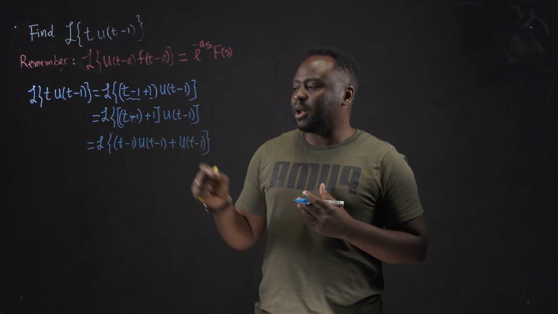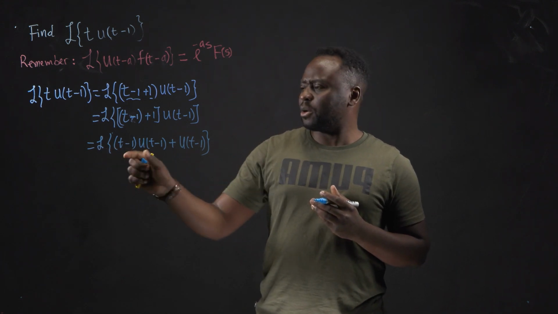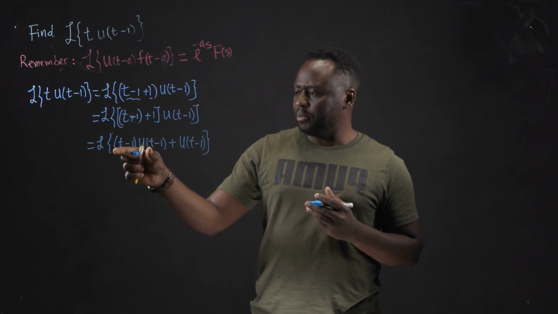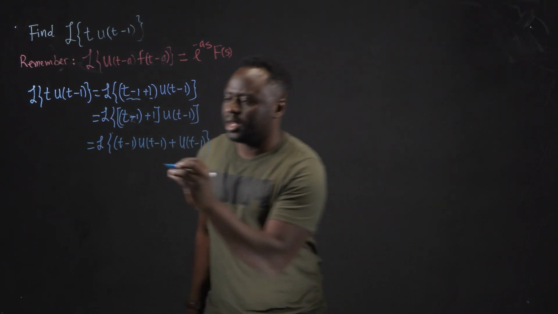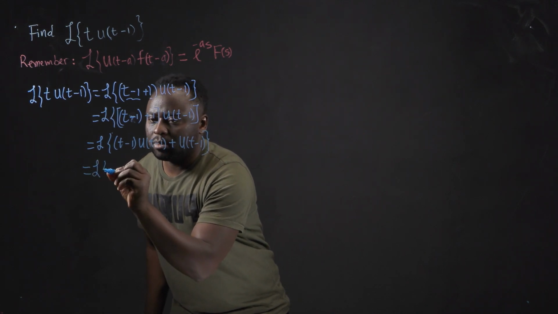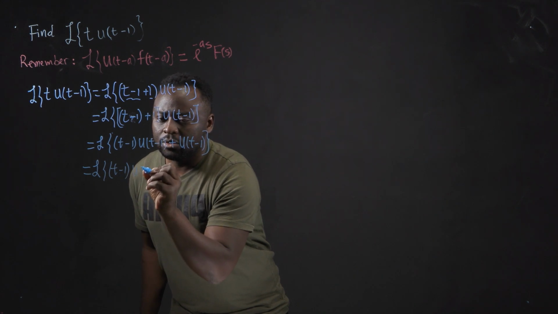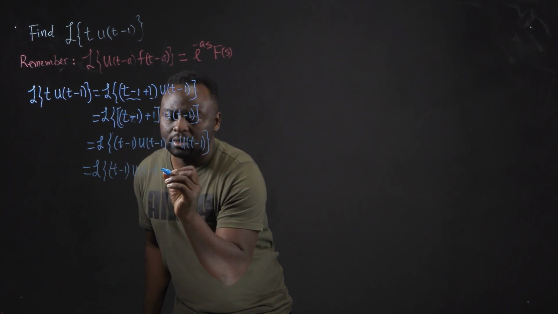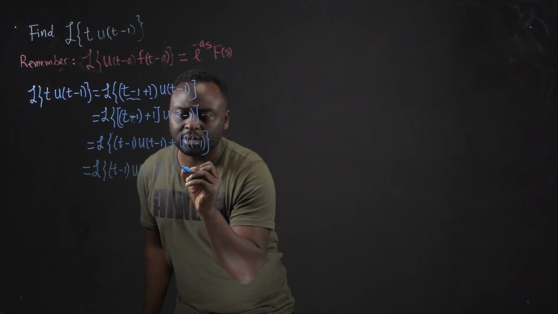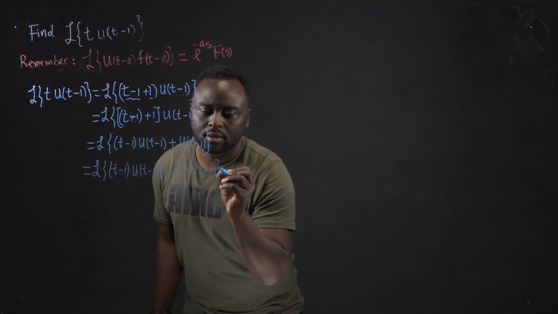We say that the Laplace transform is linear. It means that the Laplace transform of this first term plus this is the Laplace transform of this term plus the Laplace transform of this, okay? So by linearity, Laplace transform of t minus 1, u of t minus 1, plus the Laplace transform of u of t minus 1.